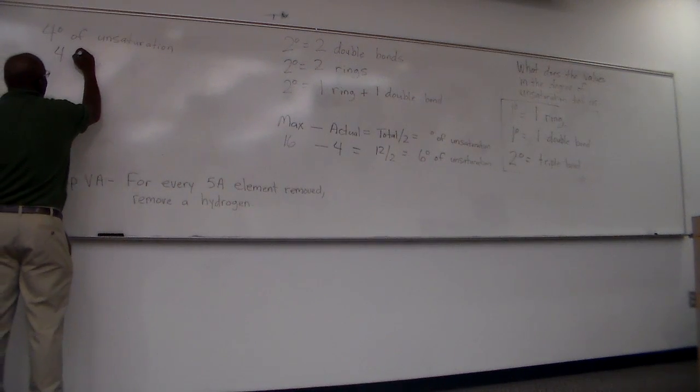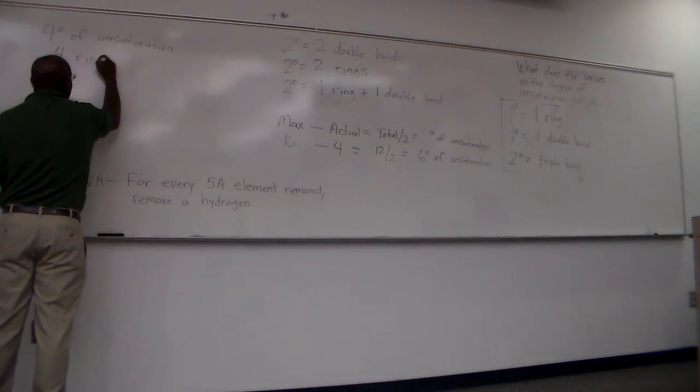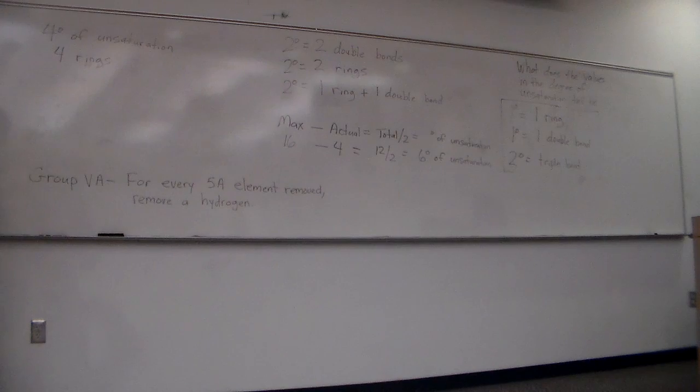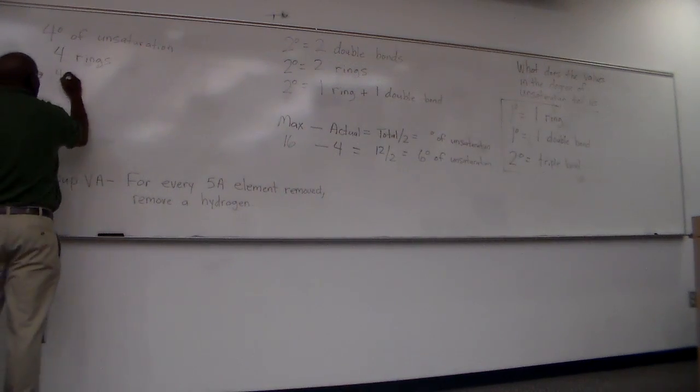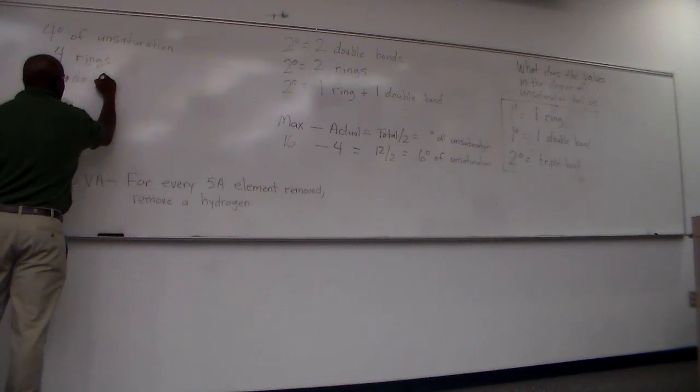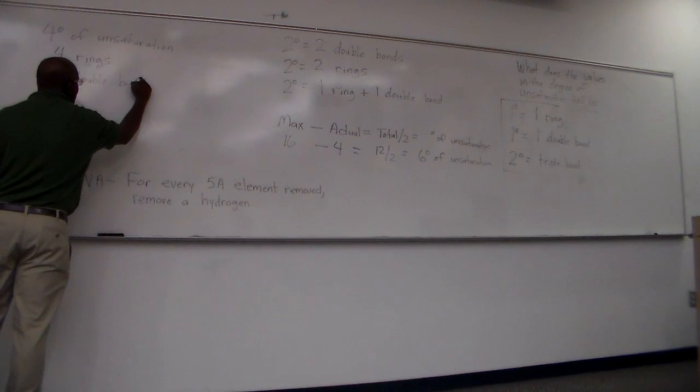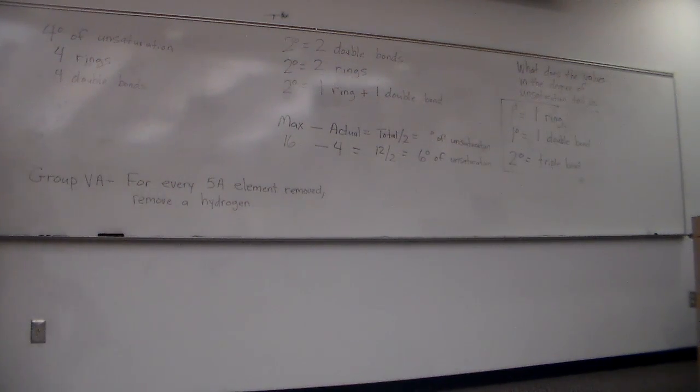We have 4 rings. We can have 4 double bonds. If you want to use triple bonds, you can use 2 triple bonds.